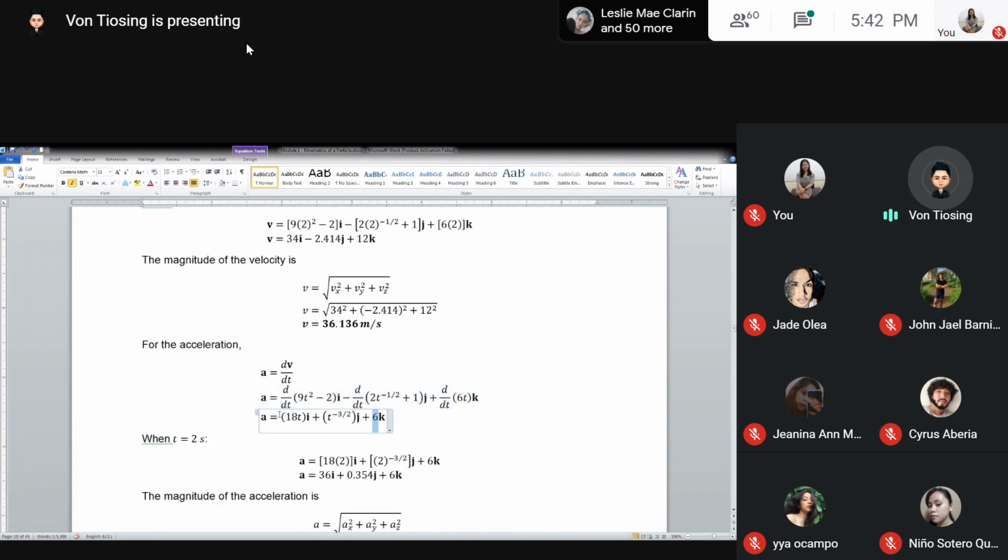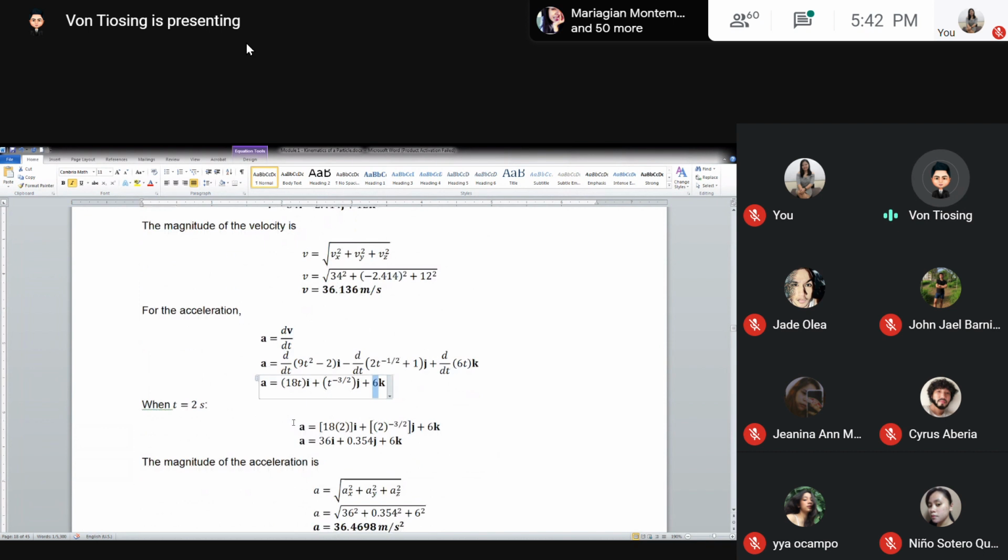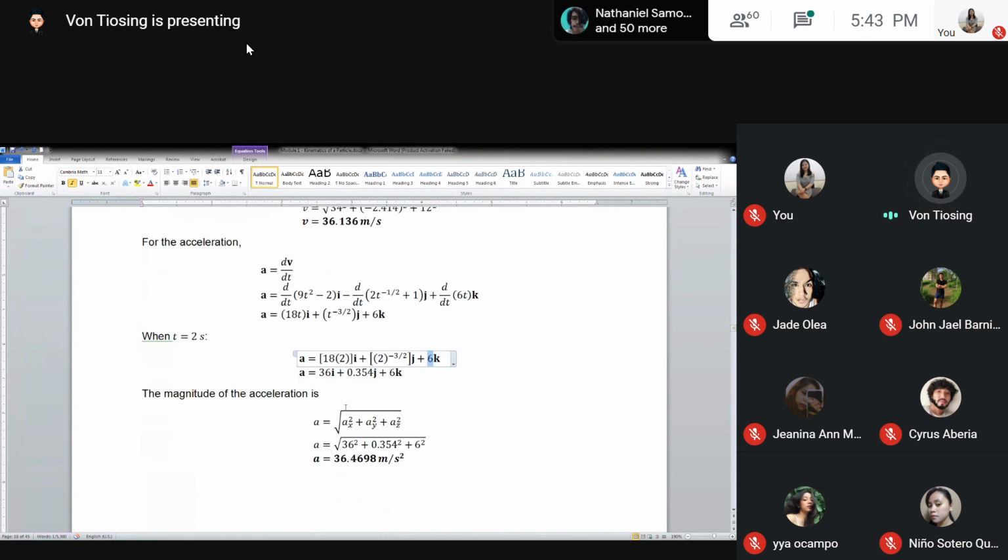Okay. So, again, substitute t equals 2 seconds. 18 times 2, 36. 2 raised to negative 3/2 is 0.354. Okay, and then, syempre, constant na to na 6. So, shoot mo lang dun sa formula.